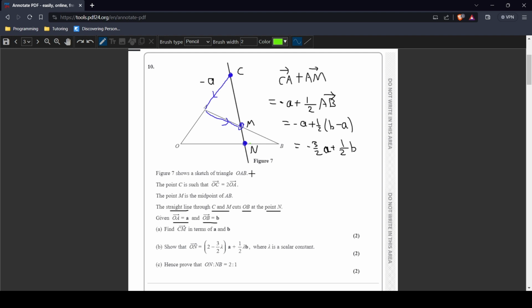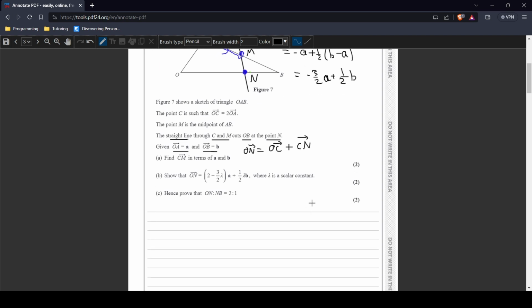Okay, so the vector ON, to get from O to N, we can go from O to C, so the vector OC, and then from C to N, so the vector CN. Okay, but the vector OC is just 2a, and the vector CN we're now going to write as some scaled multiple of the vector CM.